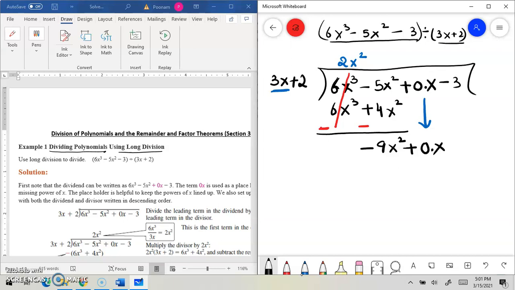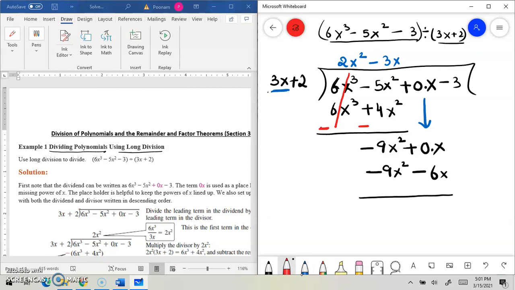Now, what should I multiply 3x with to get negative 9x square? I think that is negative 3x. So when you multiply the whole expression 3x plus 2 with negative 3x, we will get negative 9x square minus 6x.